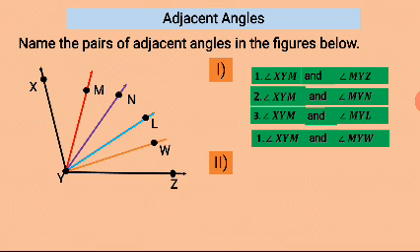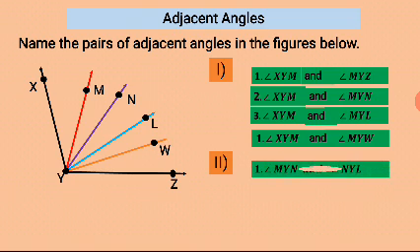Now we see other pairs. Second part, we take common arm YN. So first, angle MYN and angle NYL. YN is a common arm.